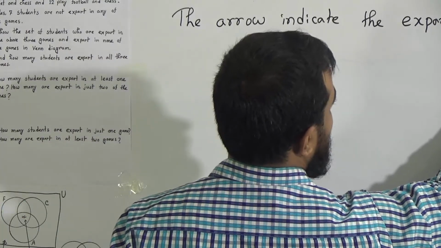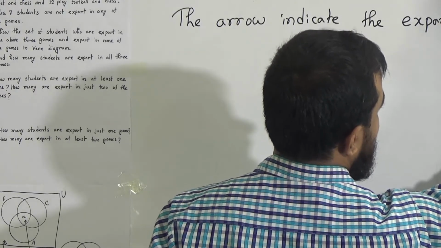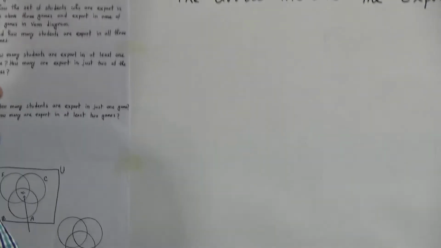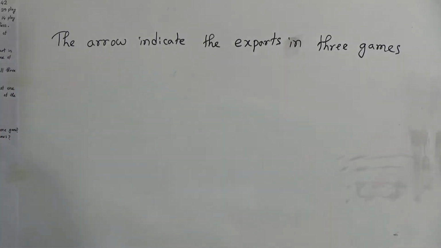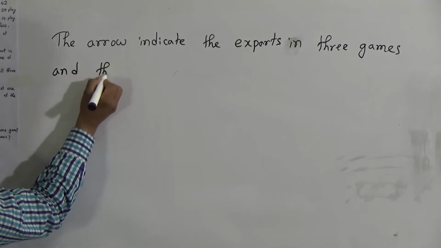The arrow indicates the experts in 3 games. You can write the experts in 3 games.